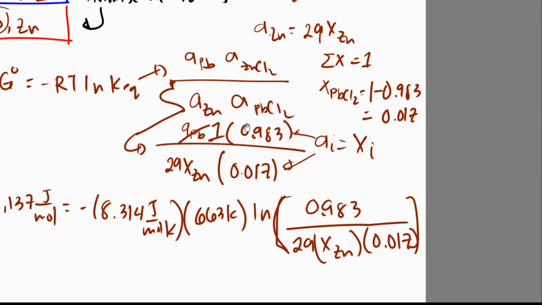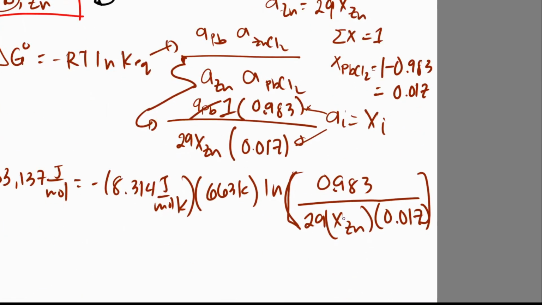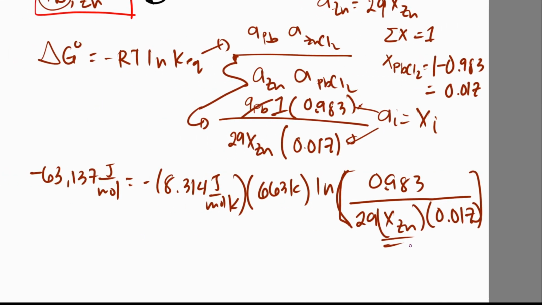So in the problem, again, we're looking for the level of removal of zinc that can be carried out in our solution. So we're essentially looking for the amount of zinc left in our solution, which we can get from X of Zn. Solving this equation for X of Zn, X of Zn is equal to 2.115 times 10 to the negative 5.